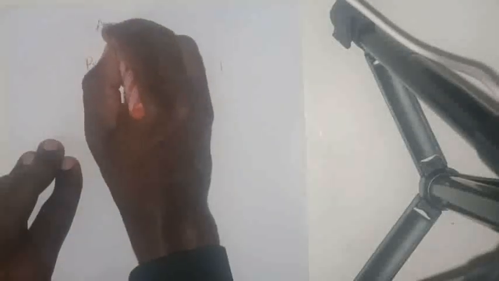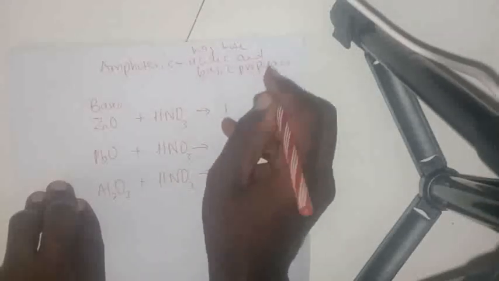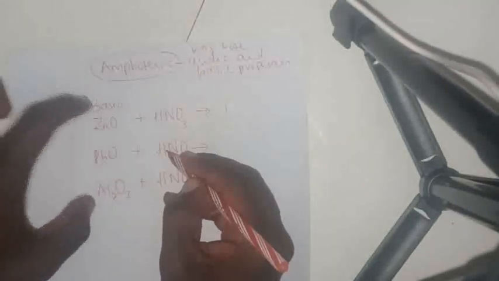I've told you, if something is amphoteric, it means it has both acidic and basic properties. So it can behave as an acid and as a base as well. So you're assuming that these oxides are now going to behave as bases.